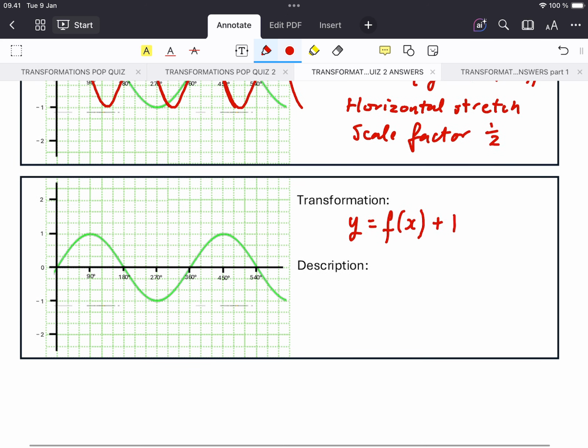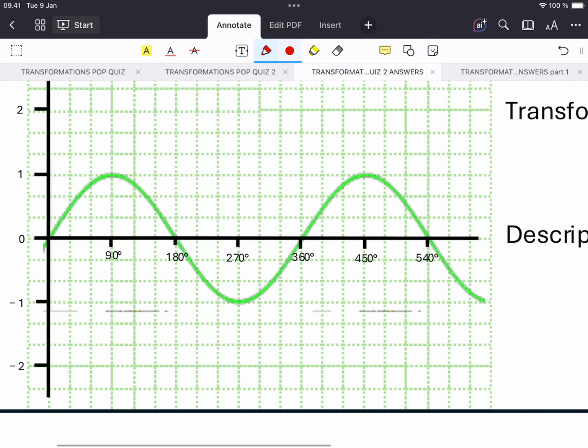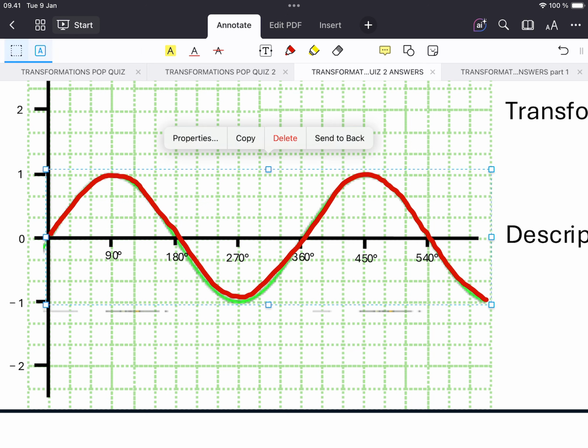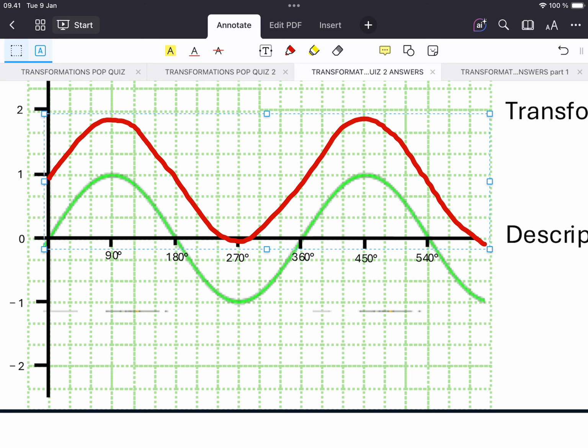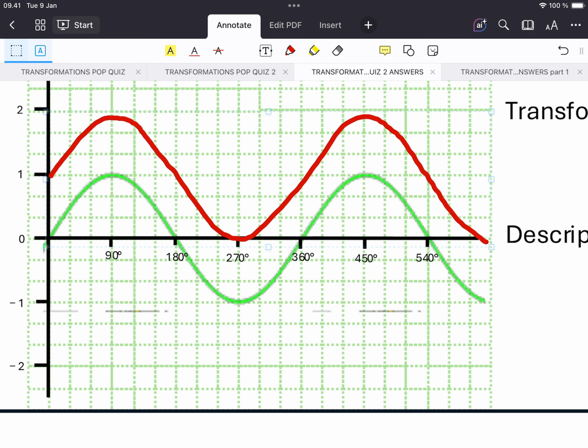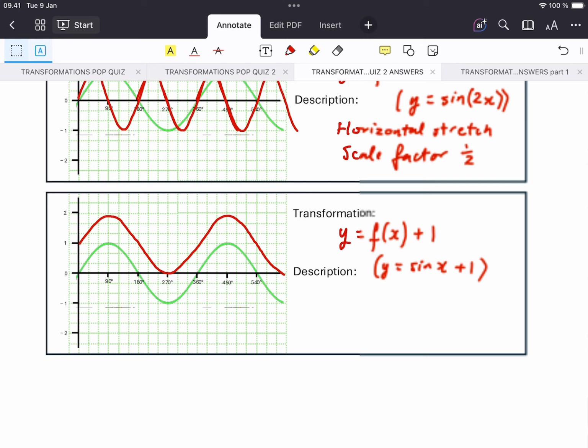Okay, here comes the next one, f of x plus 1. For example, that would be y equals sine of x plus 1. If you're adding 1 to all the values, then they're all just going to shift up by 1. So again, I'll trace out my original. All that's going to happen is the whole thing is going to get shifted up by 1 unit as all of the values increase by 1.